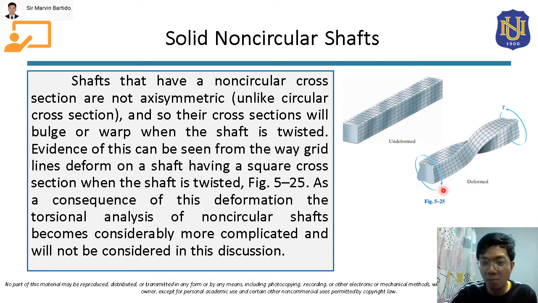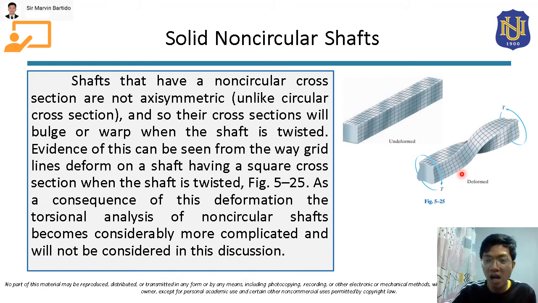Upon application of this torque, the shaft will be twisted, and the straight lines from the original shaft become deformed. They become distorted.